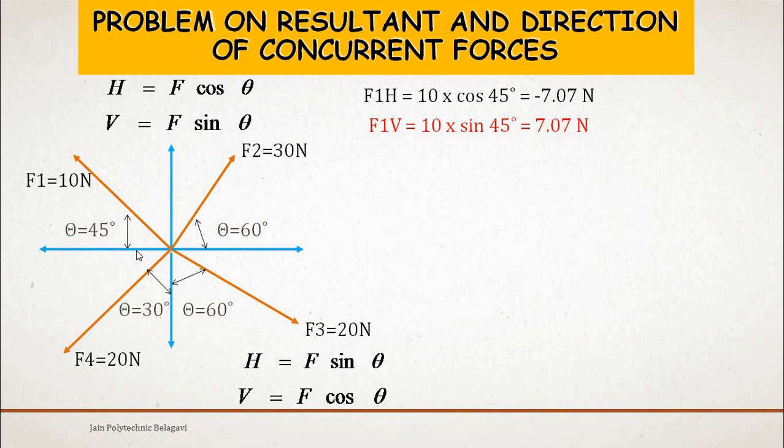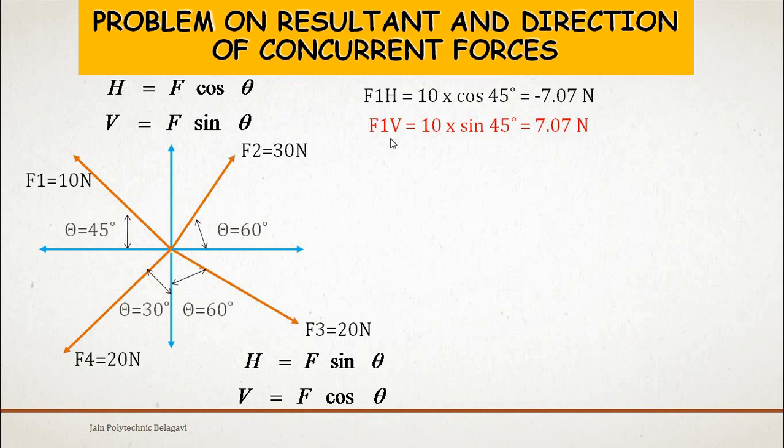Because the horizontal component is acting in the negative direction, right? If it was acting in the right direction, it would be plus. So here it is minus. Upward direction is plus, downward direction is minus, right direction is plus, and left direction is minus.